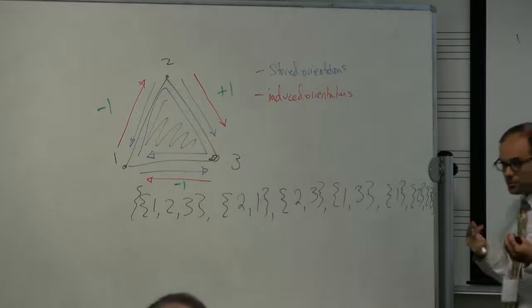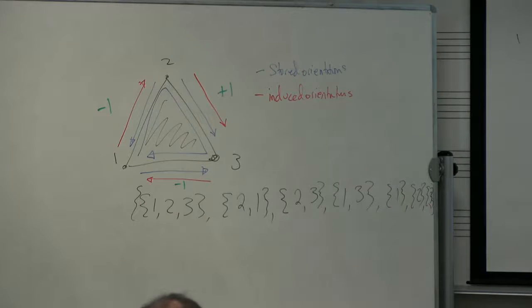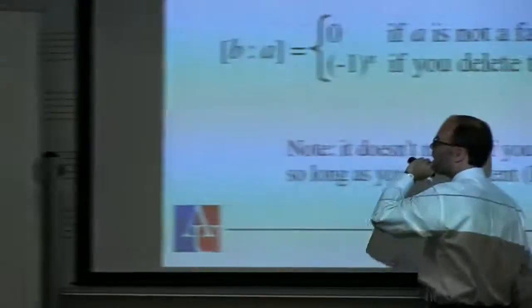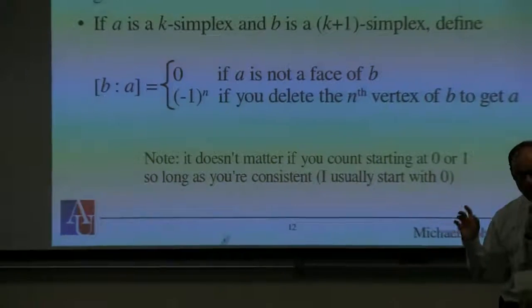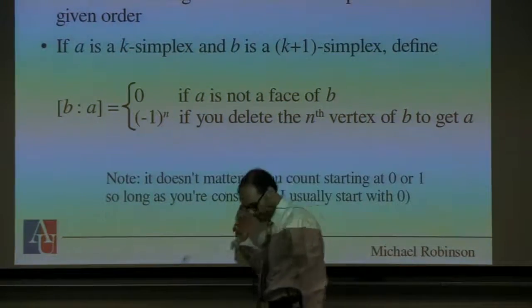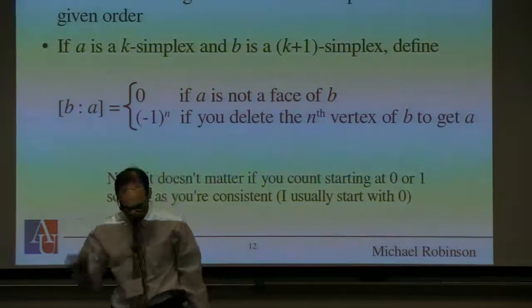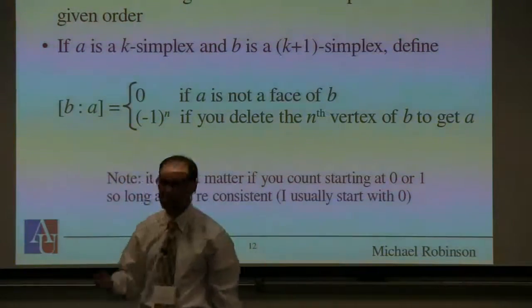To make this rigorous and systematic, the way we can do this is take a look at what's called an index, an orientation index. And the way that this works is it says if I have 2 simplices that differ by dimension 1, either 2 things happen. Either the smaller dimensional simplex is a face of the larger dimensional simplex, or it's not.